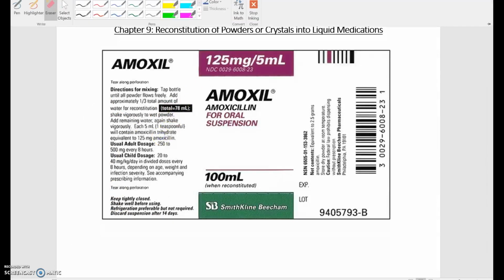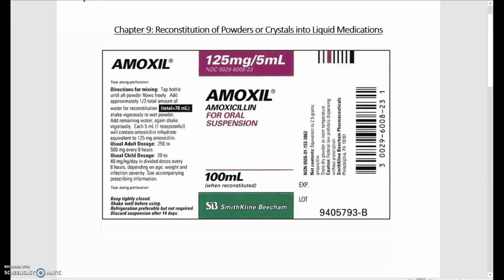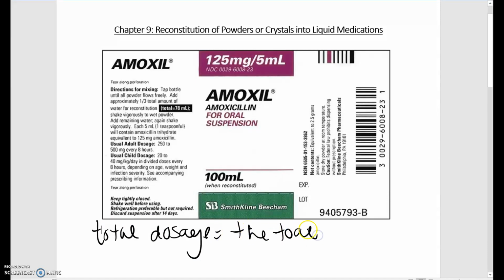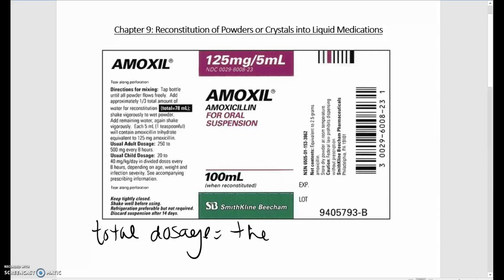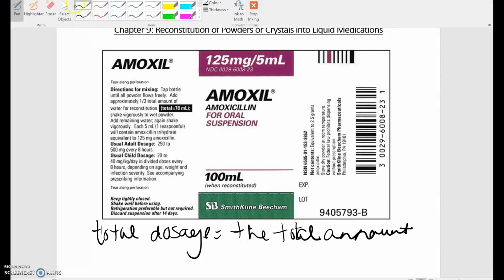Well, what do I mean by total dosage? When I say total dosage, the definition is the total amount, or the total weight of powder.